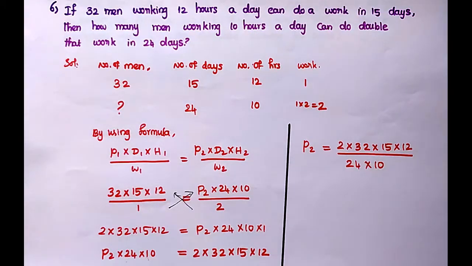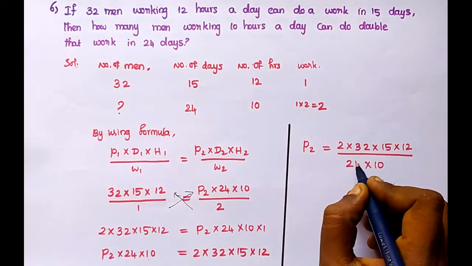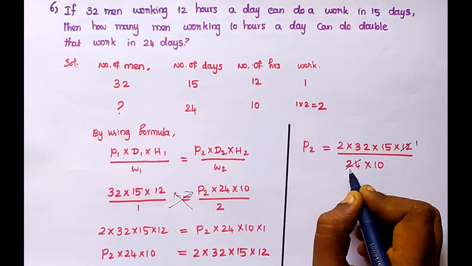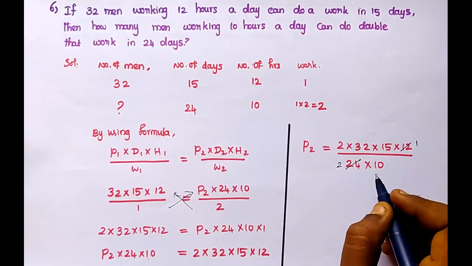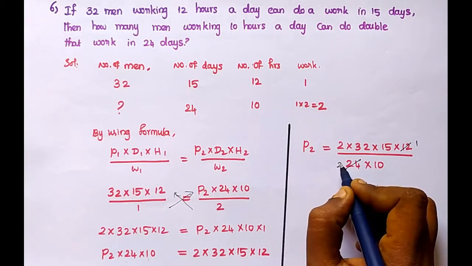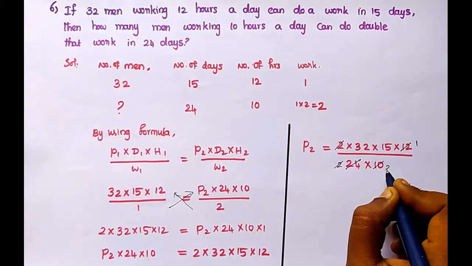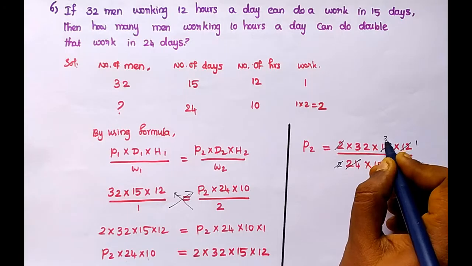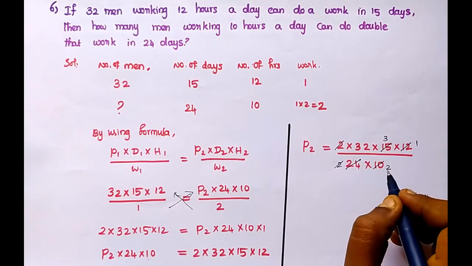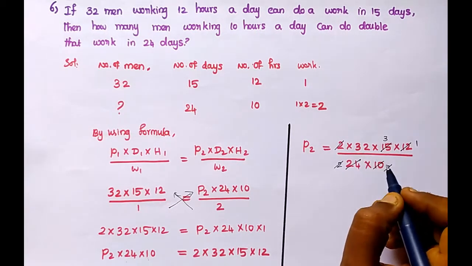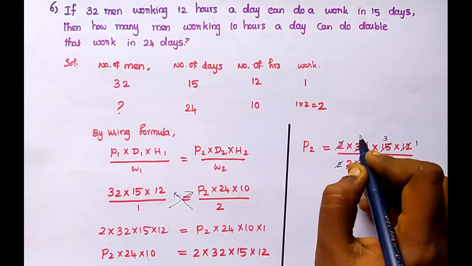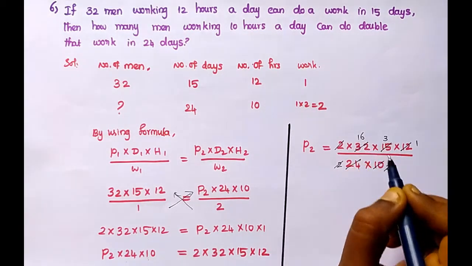So now cancel the numbers. 12 1s are 12, 12 2s are 24. Again 2 2s cancelled, and here 2 5s are 10, 3 5s are 15. So 2 1s are 2, this is 16.